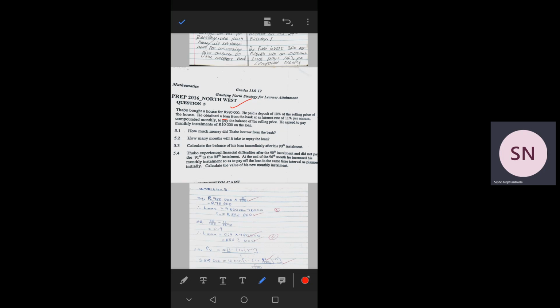This word, the loan. Because it is a loan, the formula changes to the present value formula: PV is equal to X times 1 minus 1 plus i to the negative n, over i.